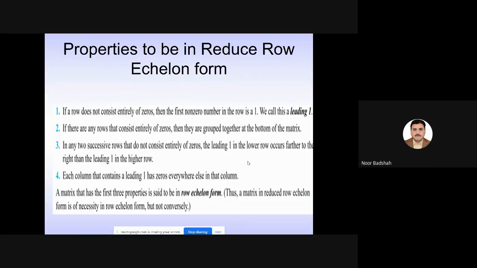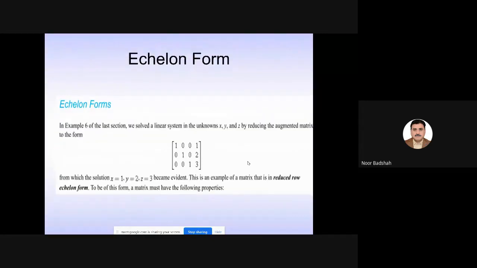There are usually three conditions for echelon form. That is, if you have a zero row, that must be at the bottom, and the non-zero entry, which is known as the pivot of every row, should lie to the right of the pivot of the previous row. There are two conditions, sorry for it.